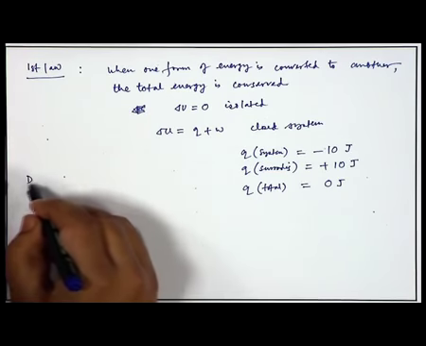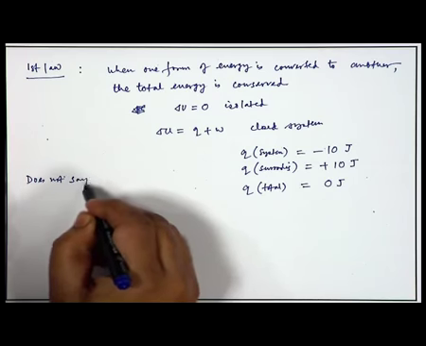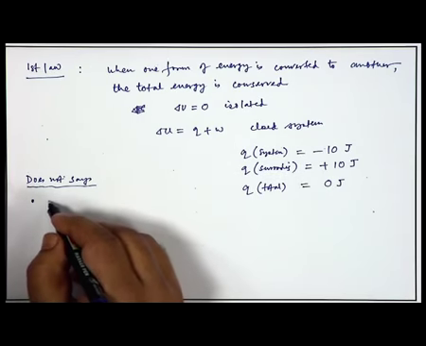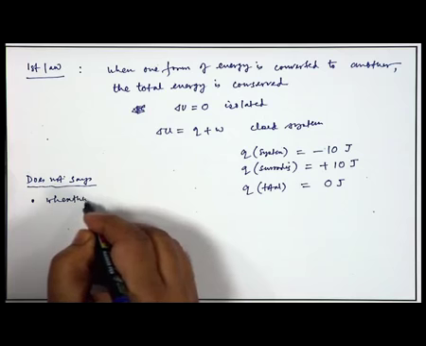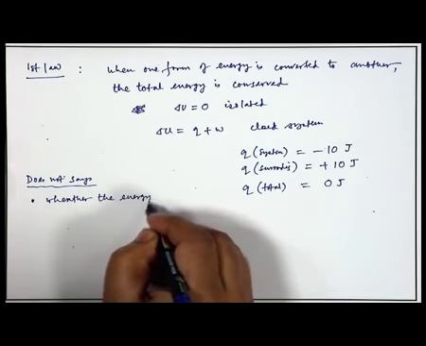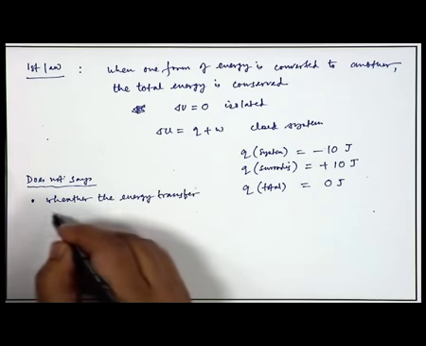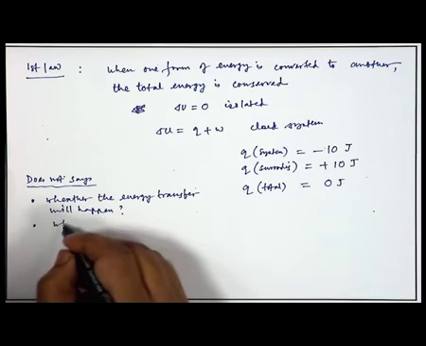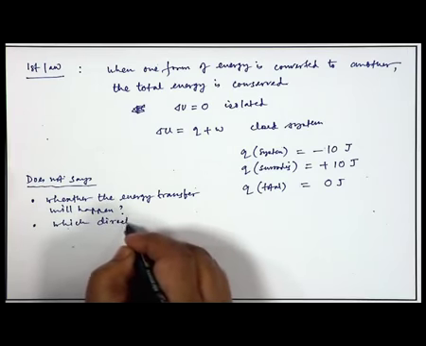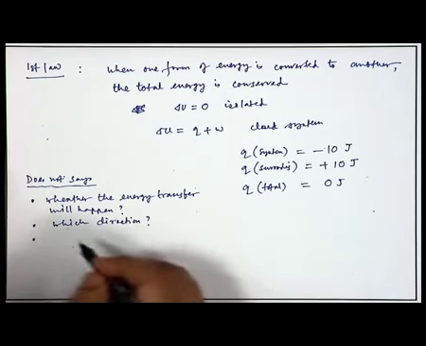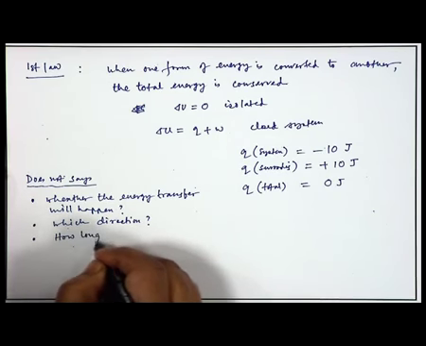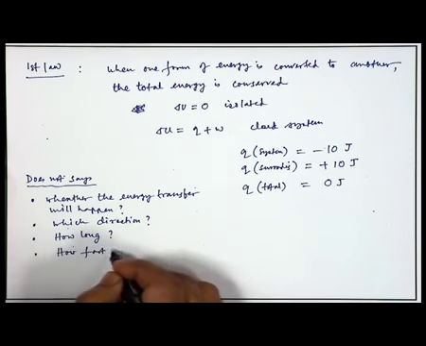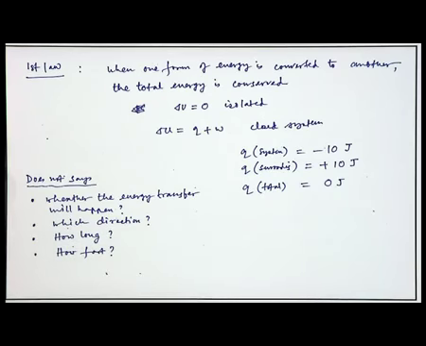So basically no energy is created or destroyed here, only 10 joules of energy got transferred to the surroundings. This is exactly what the first law says. The first law does not say anything about the following: whether this energy transfer will happen at all; if it happens, in which direction it will happen; if it happens, how long it will happen; and how fast, or at what rate, this energy transfer will happen.